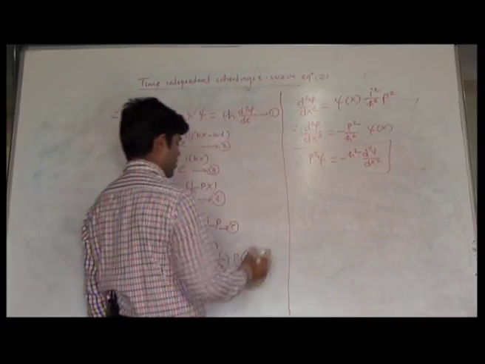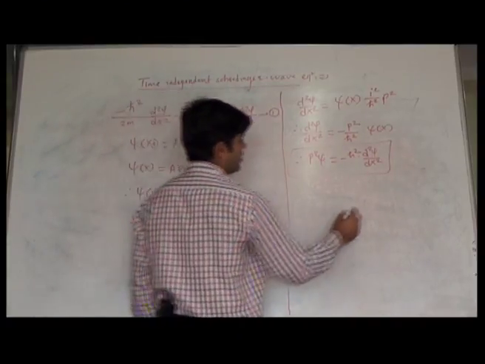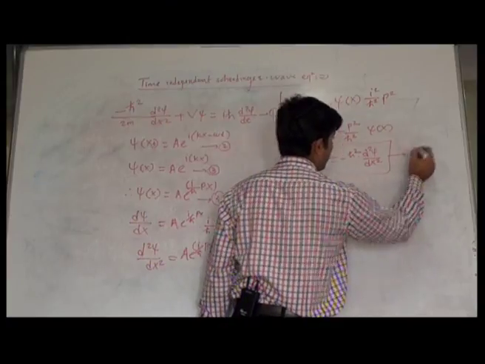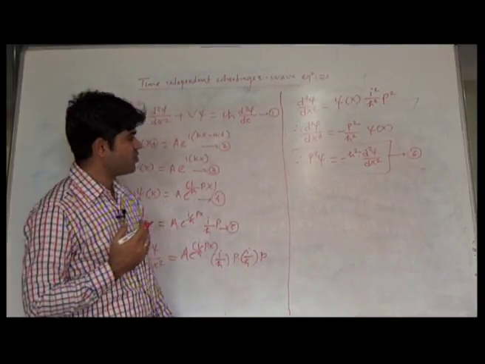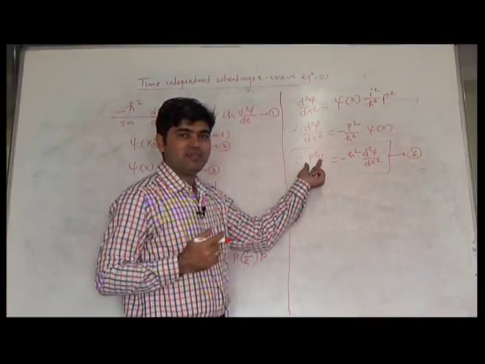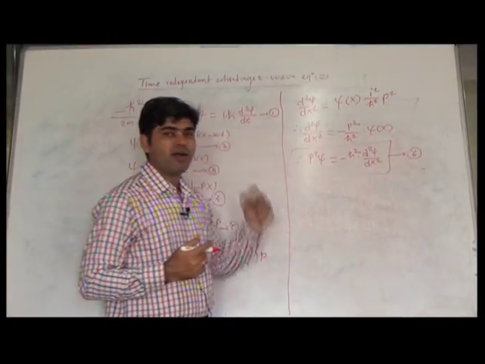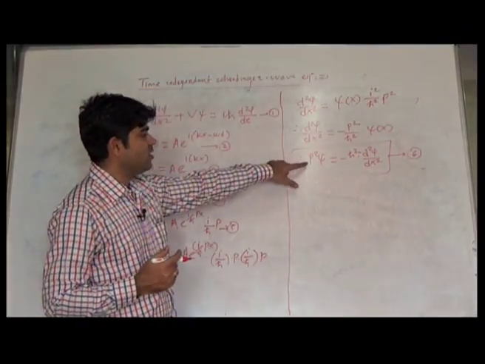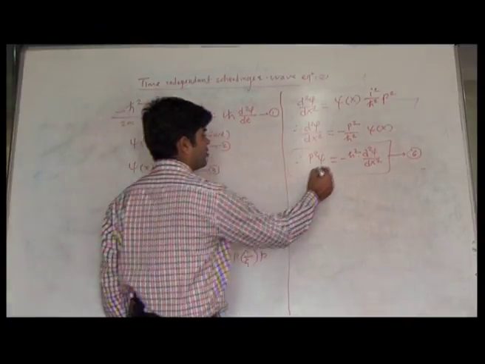This is equation number 6. This equation is for the momentum of the particles along the x direction, because psi is a function of x.